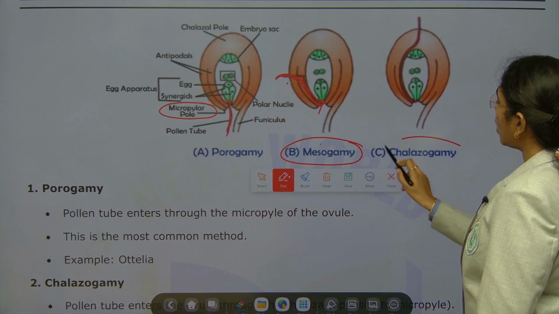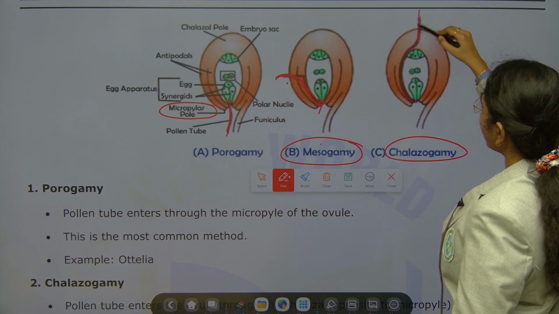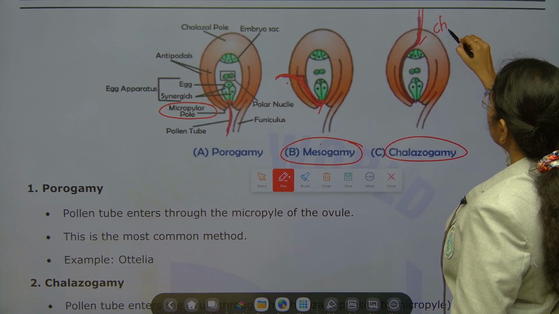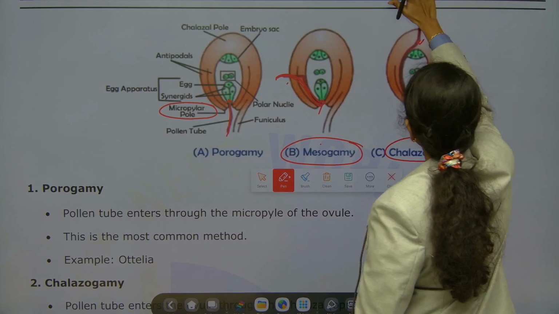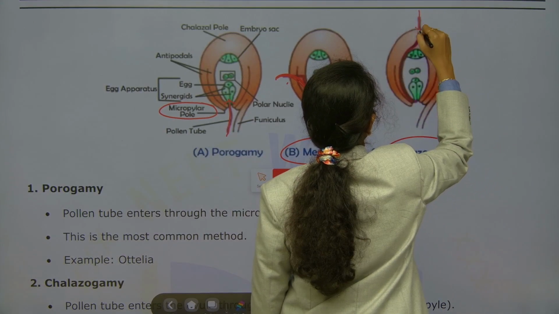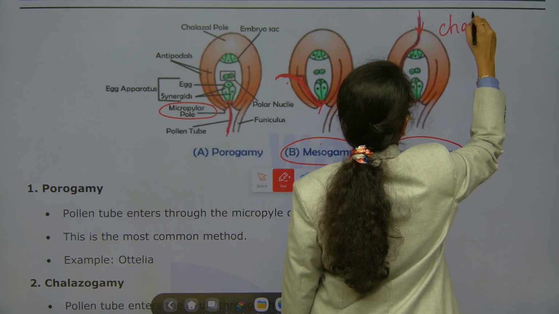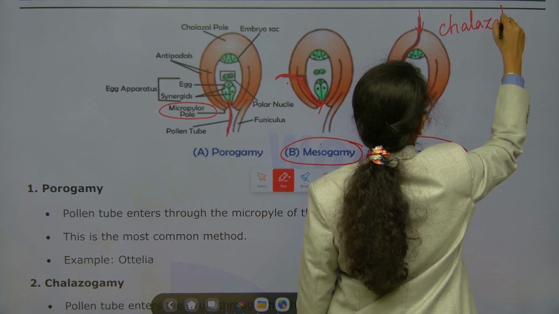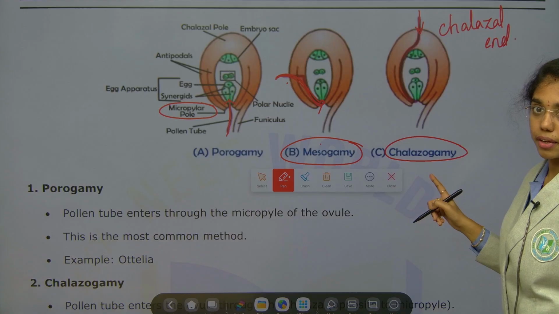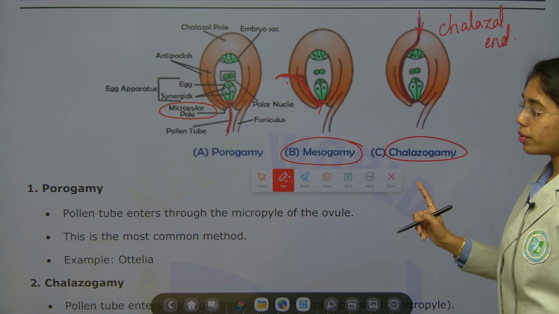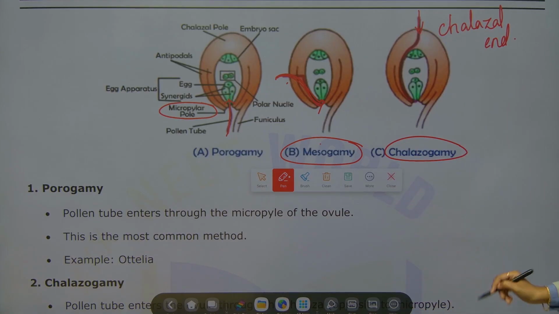Next, if the pollen tube entry is through the chalazal end, that is known as chalazogamy. Fine, right? Now we will look into the theory by taking the examples as well.